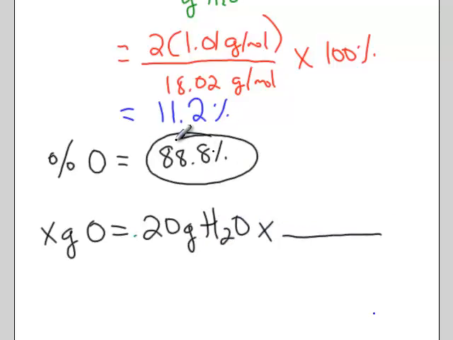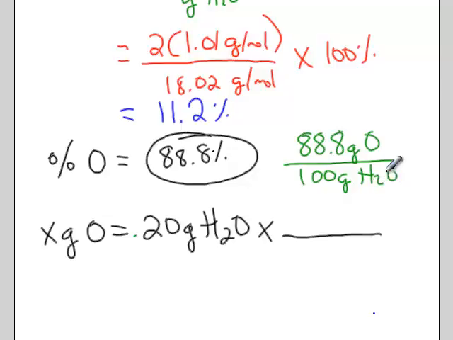We could use the 88.8 as a conversion factor. Remember, a percentage means out of 100. So 88.8% could be written as 88.8 grams of oxygen per 100 grams of the total, which is water. So 2 units lets us convert back and forth again. And I'm going to use that conversion factor here to turn grams of water into grams of oxygen.